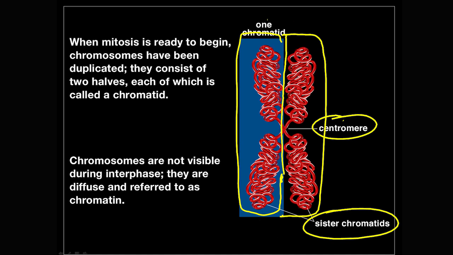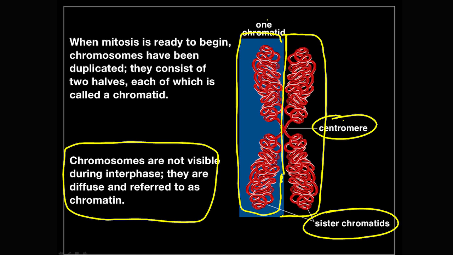Now, I kept saying if you could see this chromosome during G1, but chromosomes are not visible during interphase, and I guess I should have been more specific, particularly during G1 of interphase, but even during S phase and G2, they haven't really fully condensed into this. I think of these condensed chromosomes almost like a spool that the DNA is wrapped all around.